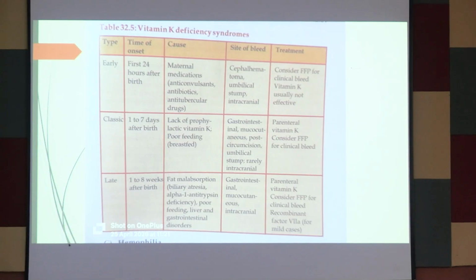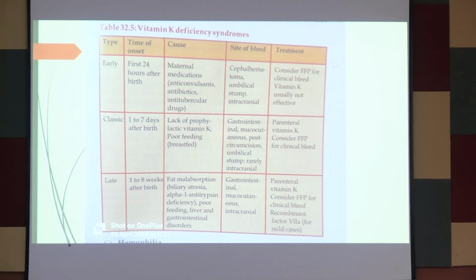3 types of vitamin K deficient bleeding: early, classic or late. Early, if there is bleeding in the first 24 hours of birth, that is early HDN. If 1 to 7 days after birth, that is classic HDN, and 1 to 8 weeks after birth, that is late HDN.